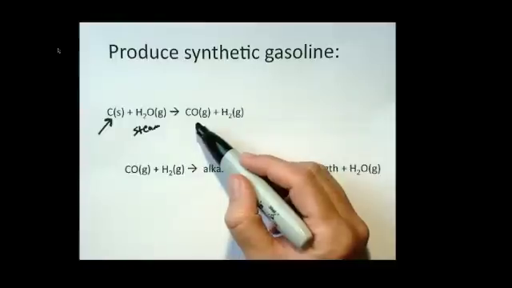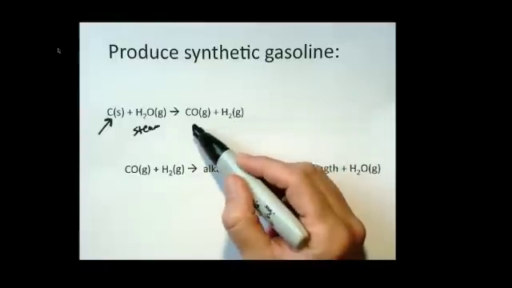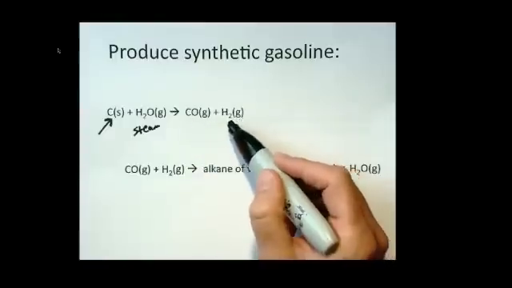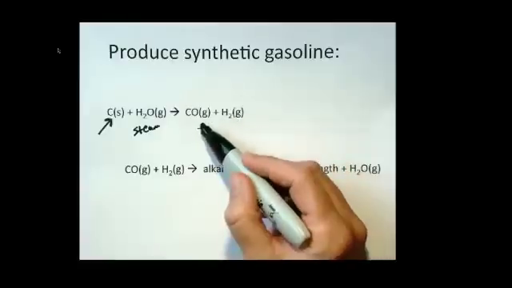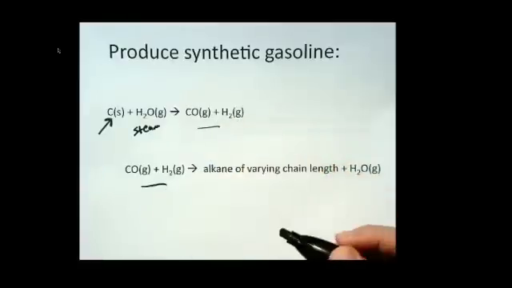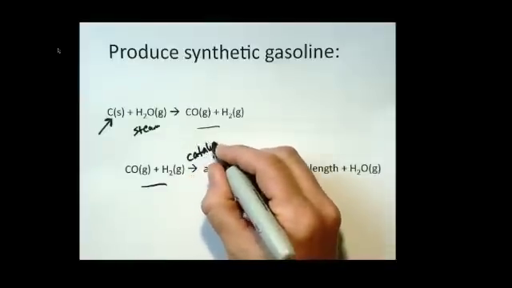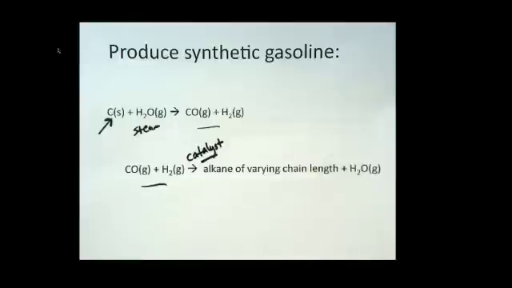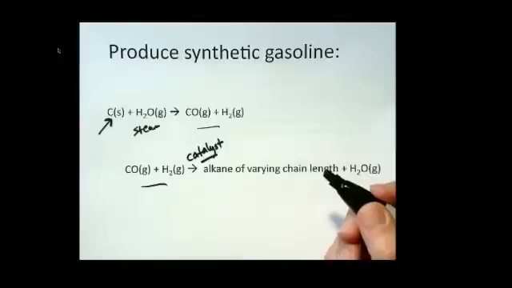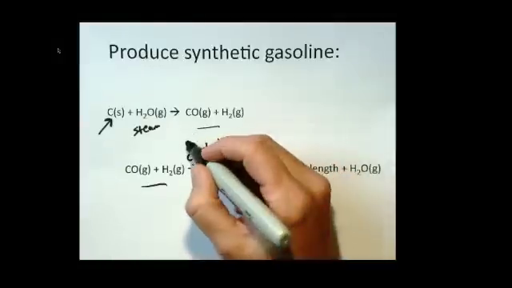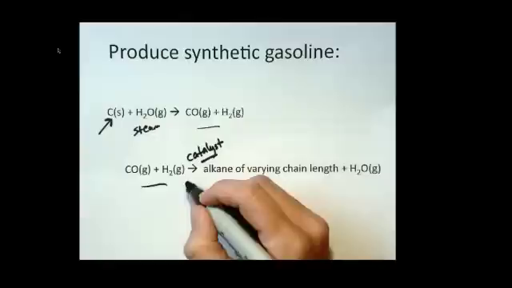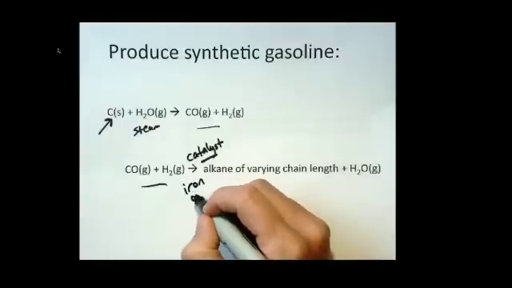Anyway, once you get this so-called water gas, carbon monoxide and hydrogen gas, then that gas can react together in the presence of a catalyst. You have to have a catalyst present for this to work, and the catalyst is going to be a solid catalyst, iron or cobalt.